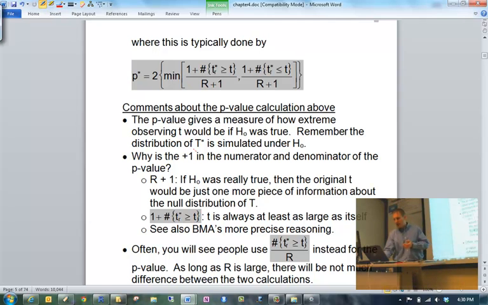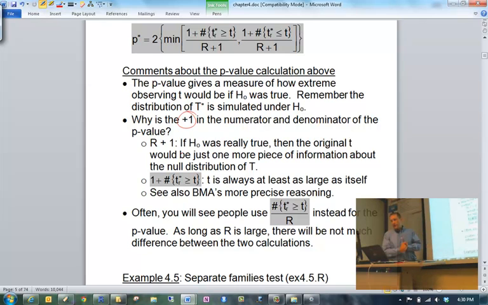So why the +1 in the numerator and the denominator? Well, if H0 was really true, then the original t itself would be just one more piece of information about the null distribution of t, right? Okay, so R plus 1. Also, t is always at least as large as itself, so 1 plus it. And there you go. The book gives a little bit more precise reasoning.